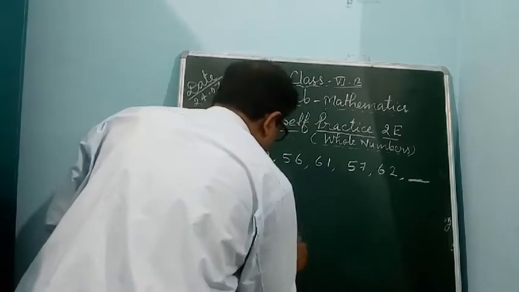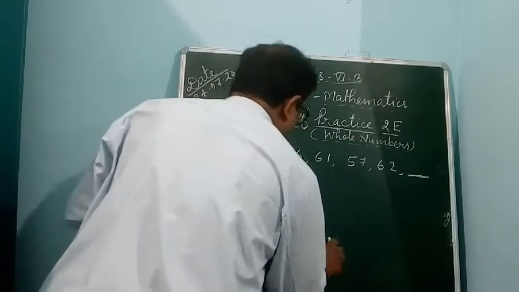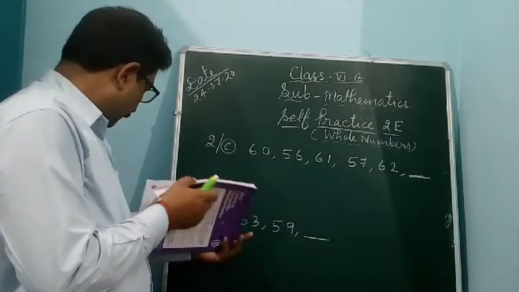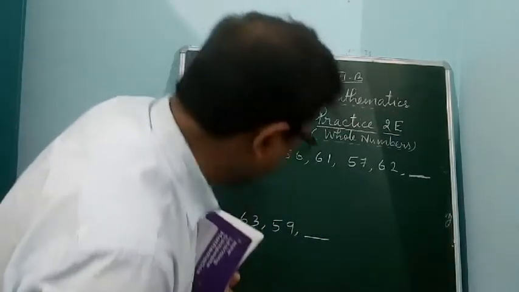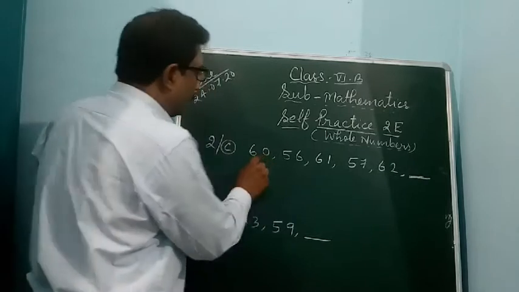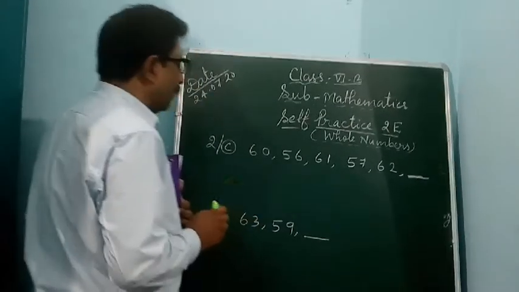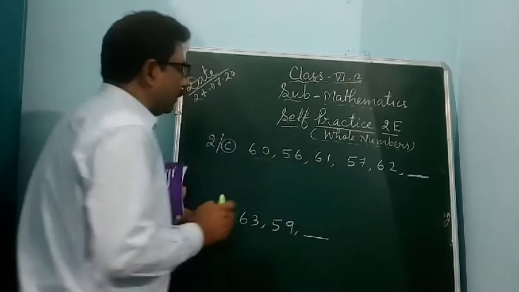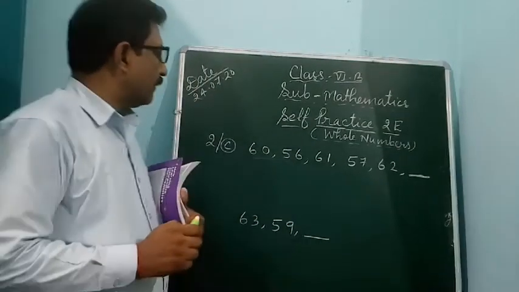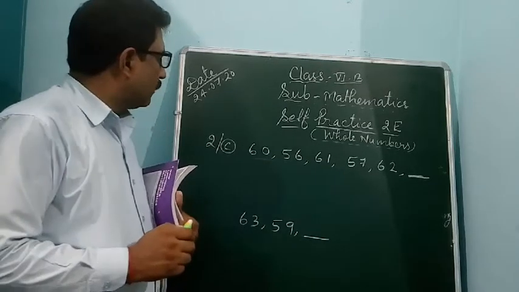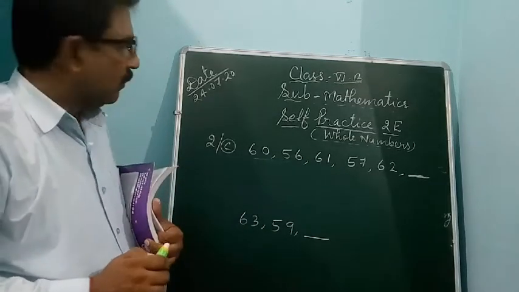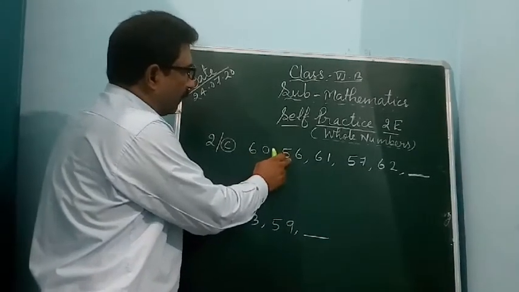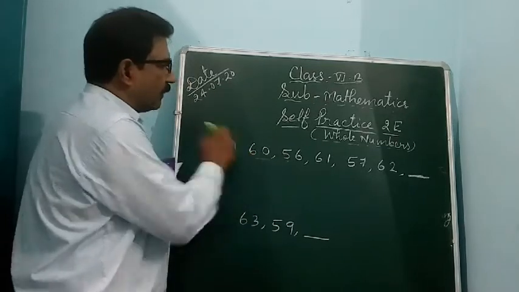You see 60 and 56. What is the difference? 60 minus 56 is 4, so 56 is decreased by 4 from 60.